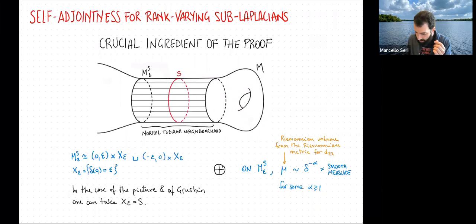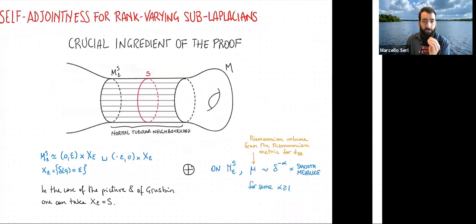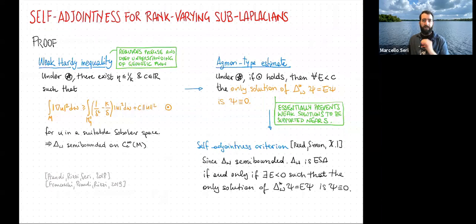And in particular, you want this metric to go like delta to the minus alpha for some alpha bigger than 1 when you move in the orthogonal direction, and to be some smooth measure when you move in the tangent directions. If you have that, then you can replicate standard Euclidean proofs for self-adjointness.